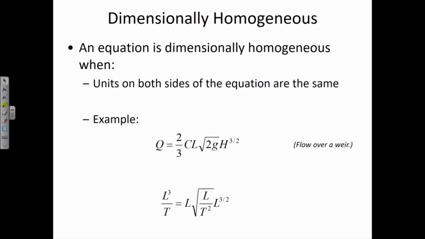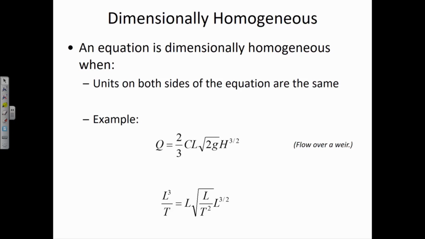If we try to decide whether this is dimensionally homogeneous, we could look at the units on the left-hand side. Flow rate has units of cubic meters per second, or cubic feet per second, so that's length cubed per time. On the right-hand side, we've got no units associated with C. That's a unitless energy loss parameter, but the length of the weir would be meters and so on, so that has units of length.